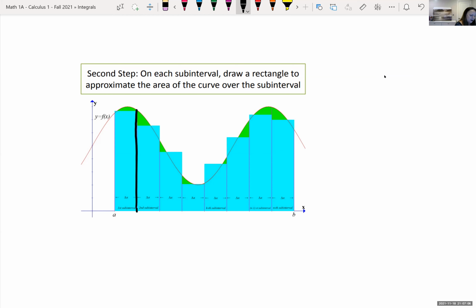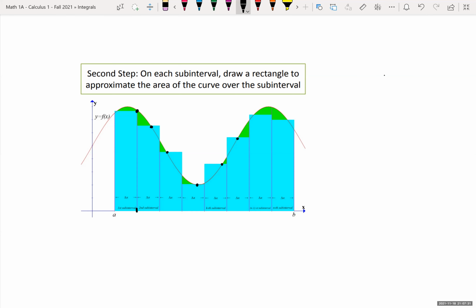We can figure out the heights of our rectangles by looking at these points on the graph. This point right here could be the height of our rectangle.